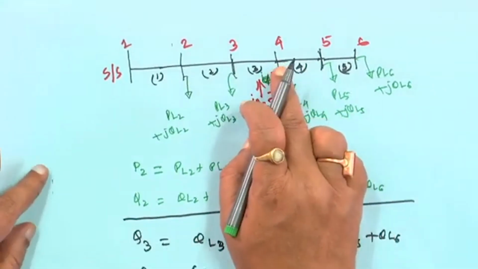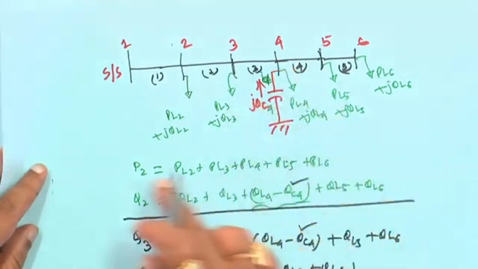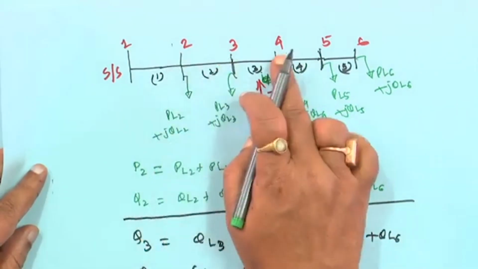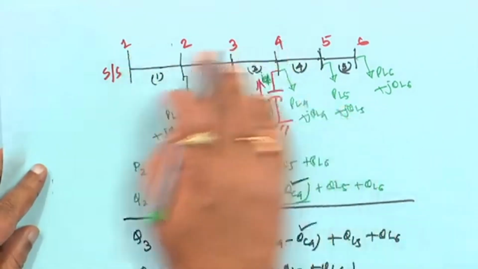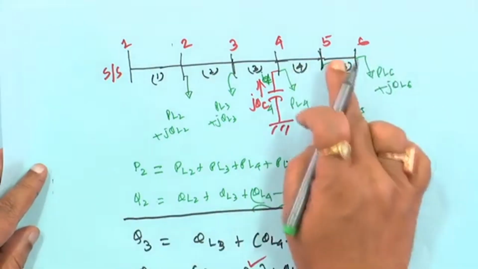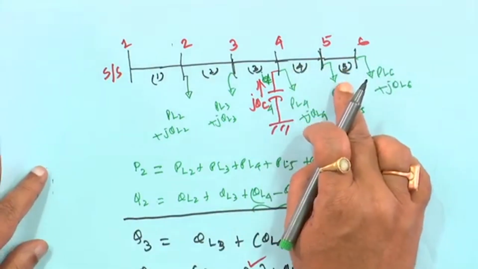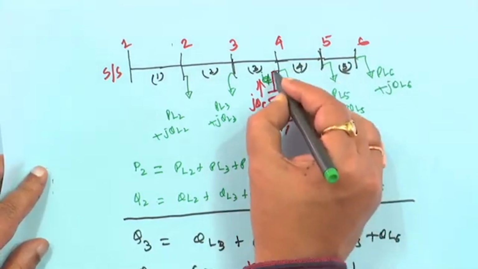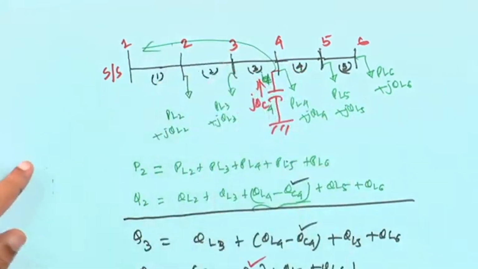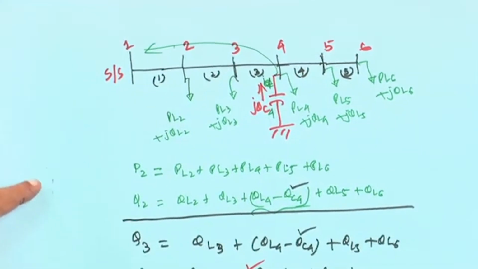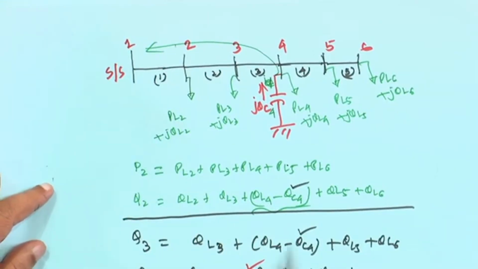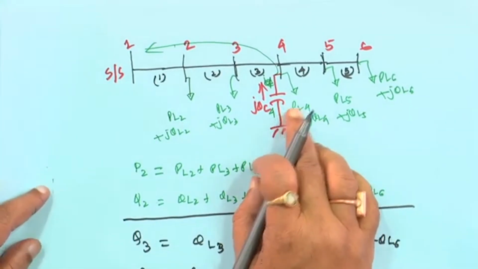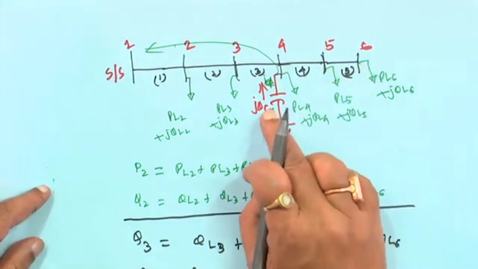From the connected node, this capacitive current flows towards the source side, and on the other side there is no effect. So nodes 5 and 6 are not affected by this capacitor.